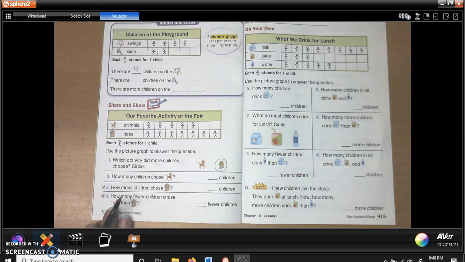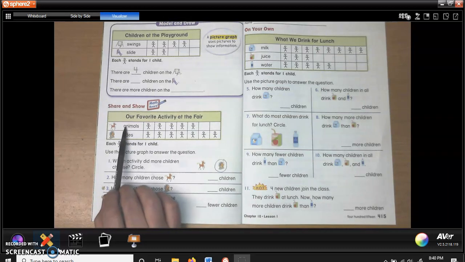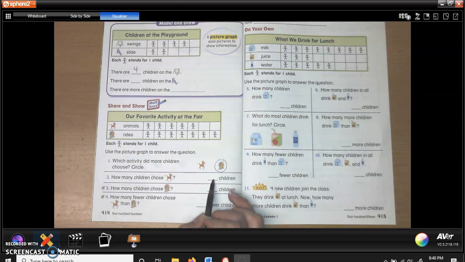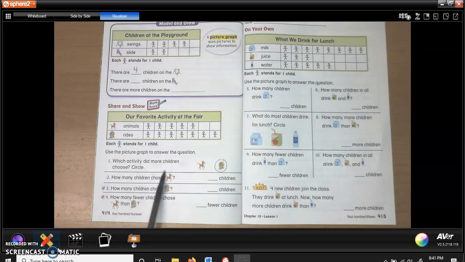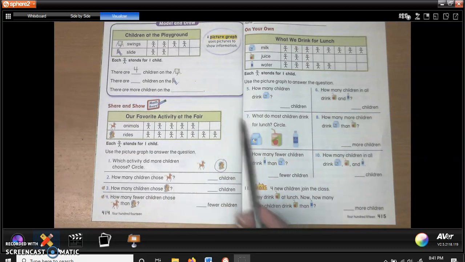Okay, let's do number 2. How many children chose animals? So you need to come up here and count the amount of pictures next to animals and write your answer on the blank. Go ahead and do that right now. All right, so I'm going to come up here and count the number of children that chose animals. 1, 2, 3, 4, 5.